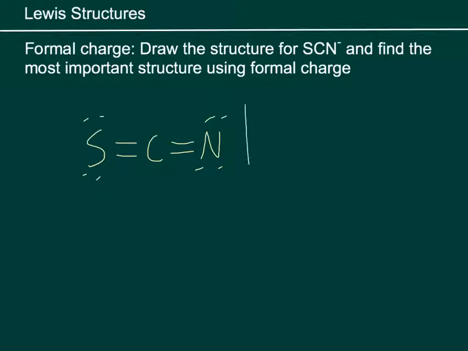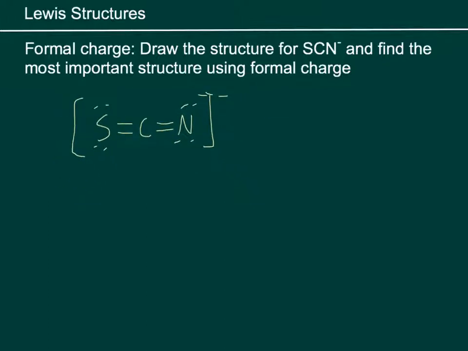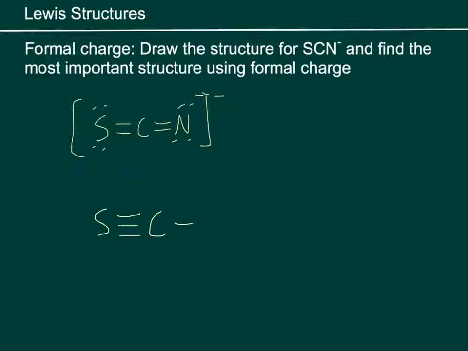that's one of them, which is a double bond on both, and we'll bracket it and put the minus because it's negatively charged. Okay, the next one would be if you had the triple bond between the sulfur and the carbon, and the single bond to the nitrogen. Okay, again, we need to note this negative charge.